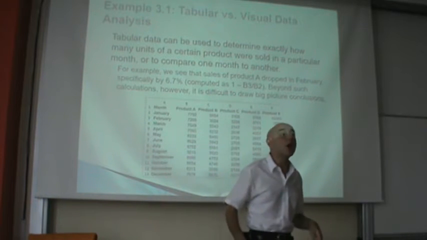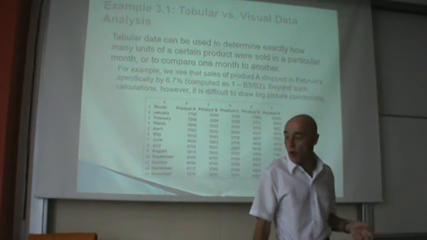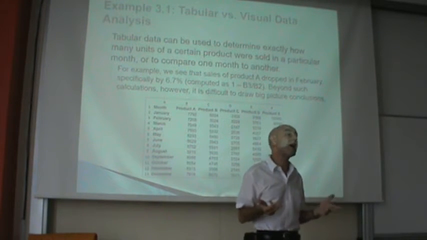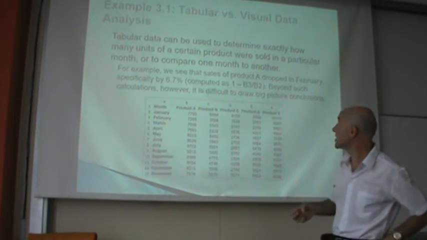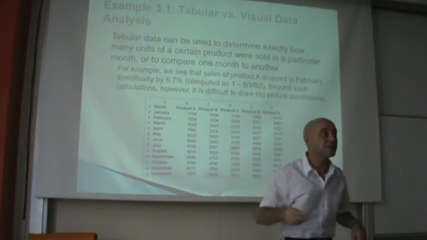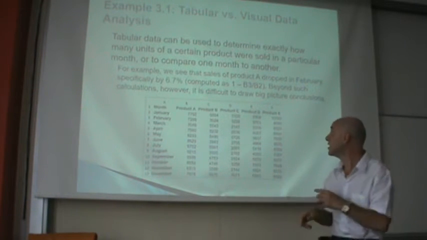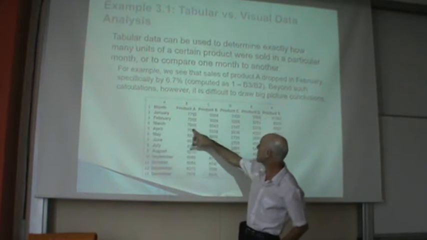All right, so you may have data in a table form, or you may have it in some sort of a graphical form. This is all, again, common business sense. You can use tabular. Tabular means of table, presented in a table. And you can see here, well, these are the months, and these are the different products.